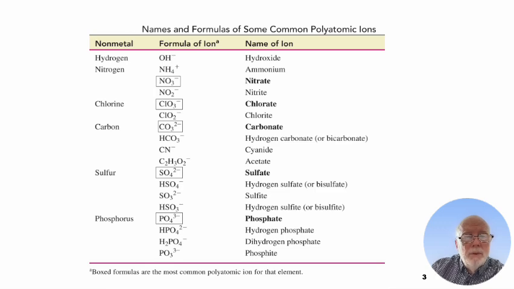Here's a whole bunch with phosphate and phosphite in it. Phosphate, PO4 -3, HPO4 -2, hydrogen phosphate. H2PO4 -1, dihydrogen phosphate. So you're going to be coming back to this chart when you're writing some formulas. In fact, let's get into that right now.